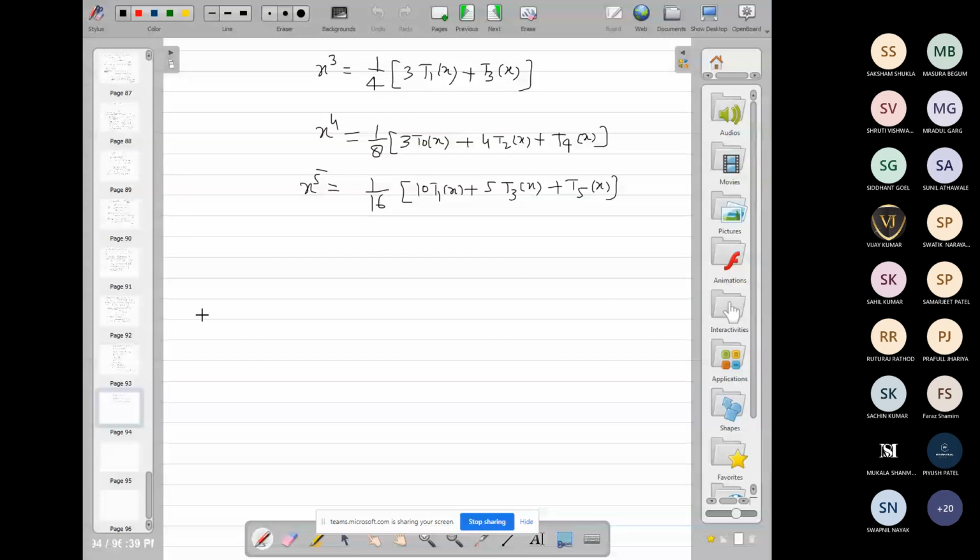So what is the advantage? Actually, the advantage you will see in the example. If we consider the expression of the same function in terms of these polynomials, then we require less number of terms to store, to write, instead of using Taylor series expansion for the same accuracy.